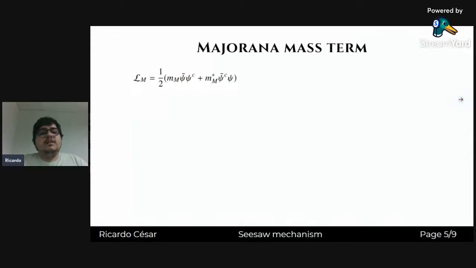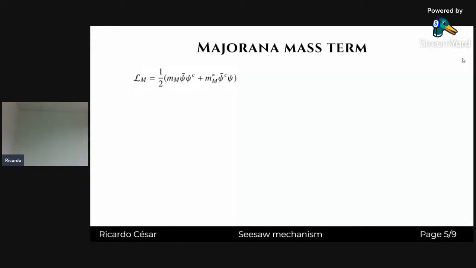Okay. So now I'm going to talk about Majorana mass terms. So you have here a Majorana term. We use those types of terms to create mass terms. And this Majorana term is terms like this.